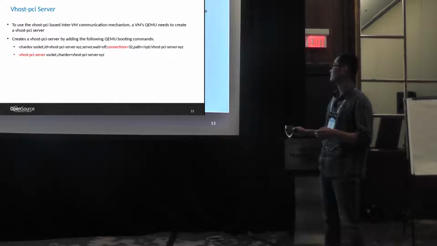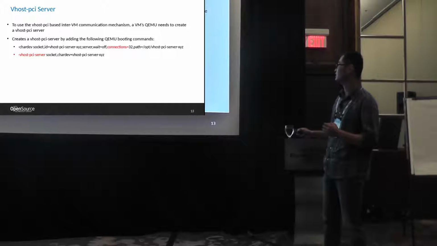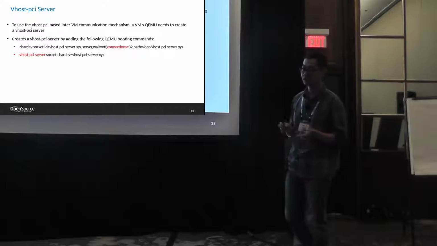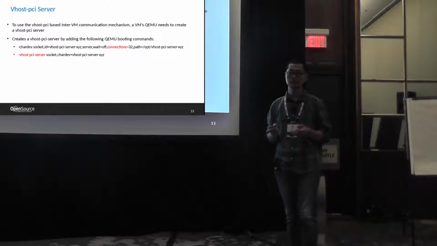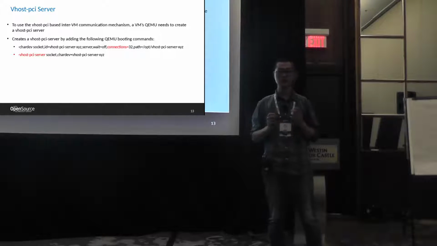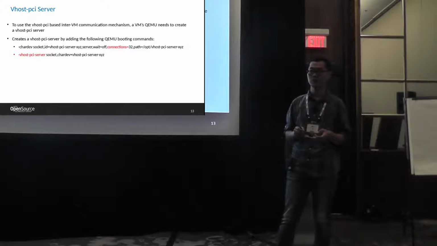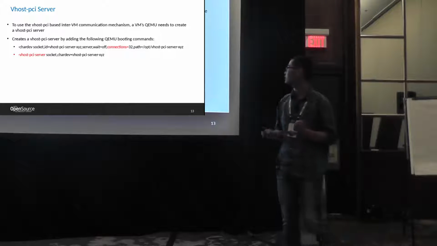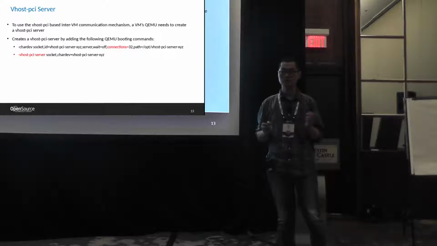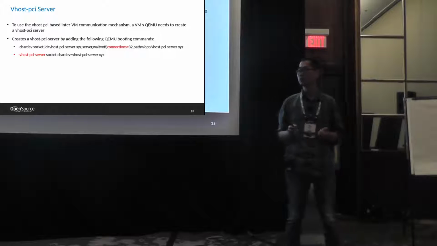The red ones here are the new commands I'm going to patch into the current QEMU, like the connections option here, which specifies how many clients can connect to this server. In the current QEMU implementation, it only supports one server being connected by one client only. So here I wanted to add support to allow one server to be connected by multiple clients.